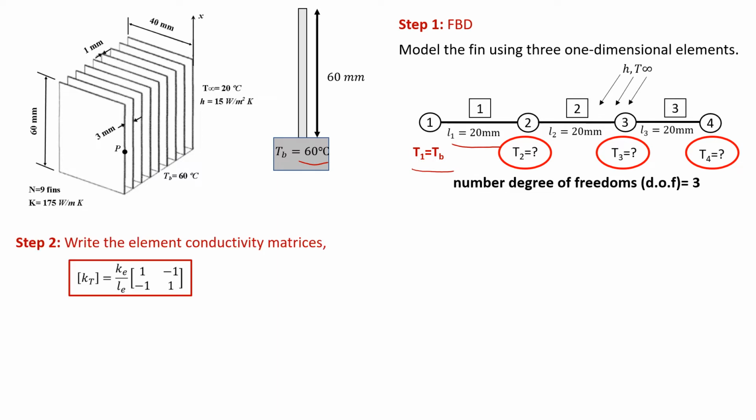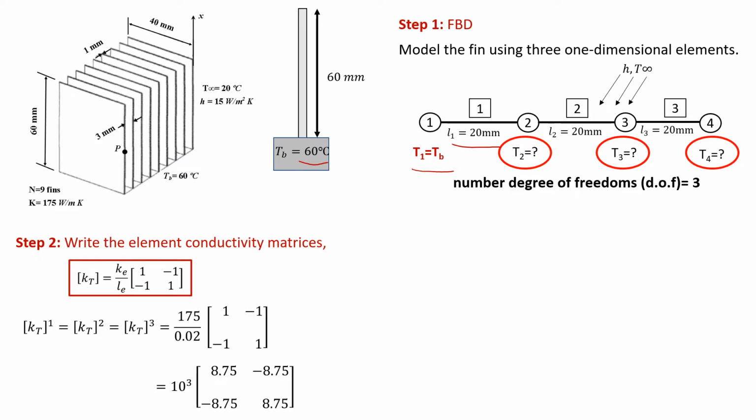Next, we have to determine the element conductivity matrix for each element. As the fin is made from the same material and the length is also the same for all elements, therefore the element conductivity matrix will be the same for all elements as shown.